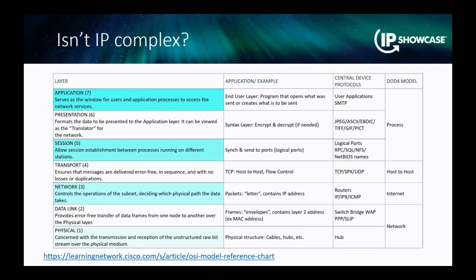However, the challenge with IP is that IP could be complex. And over here I have something which is called the OSI model, which has 7 layers. And you can see that there are multiple applications, multiple layers which are using that. But do you really need to know all of them?